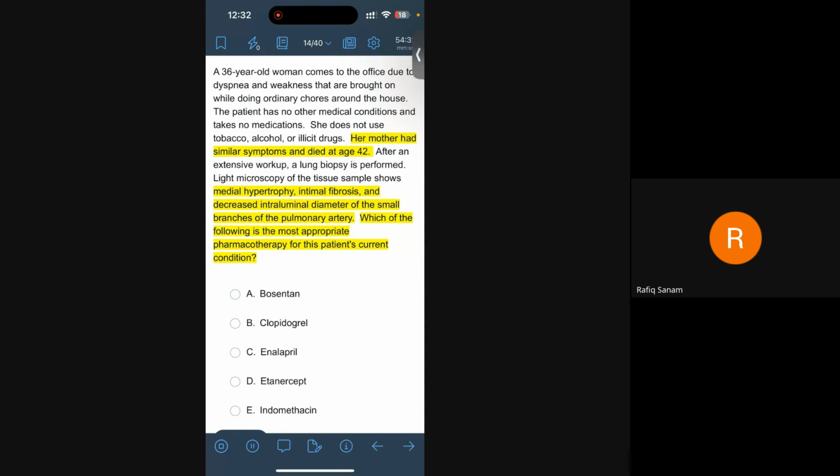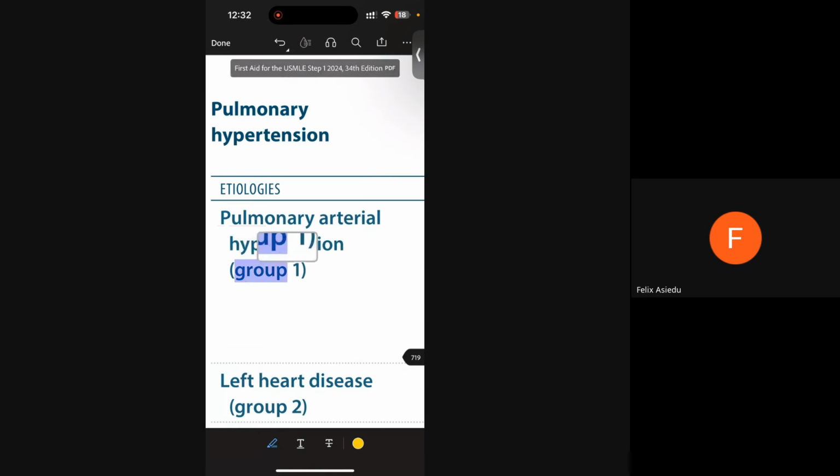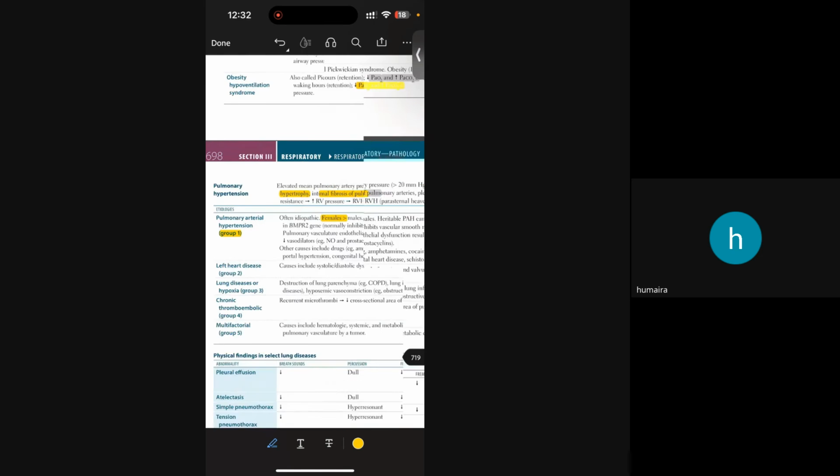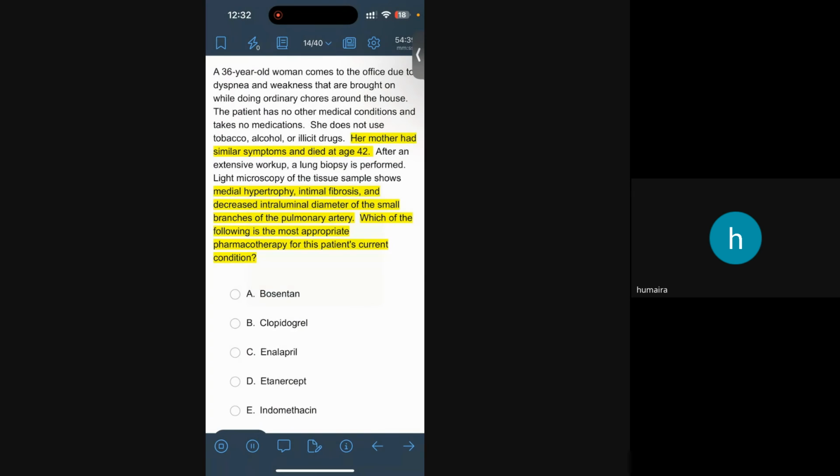Pulmonary hypertension. Of what group? Hereditary, group number one, BMPR2. Group 1 is the genetic, hereditary one. Your mother died of similar symptoms at age 42.